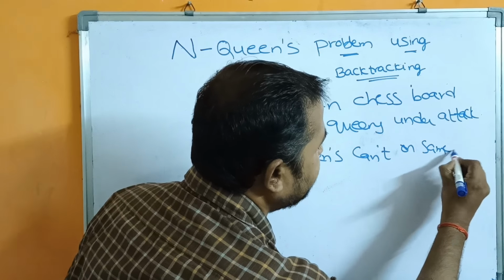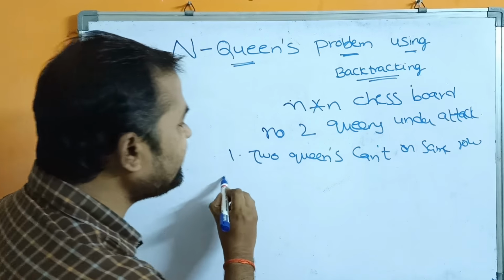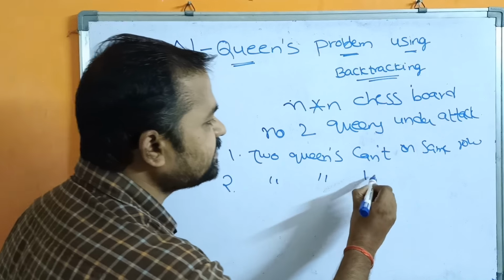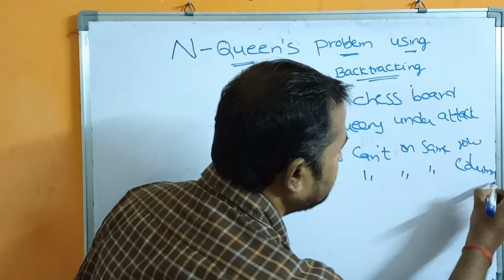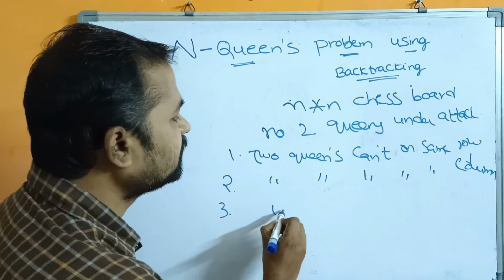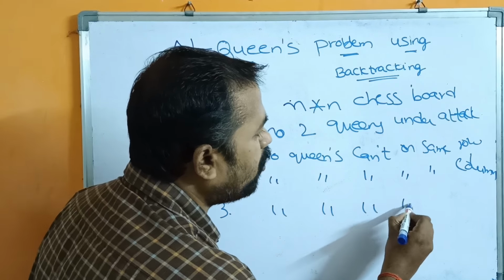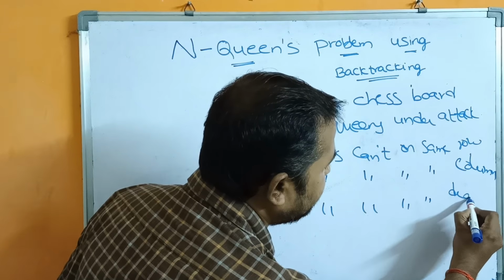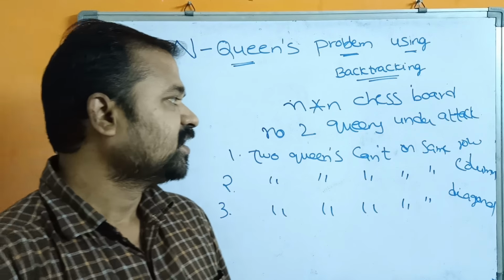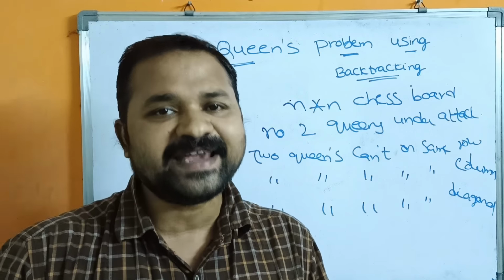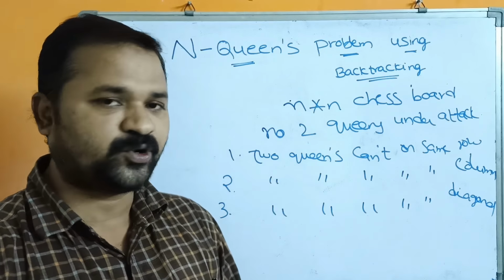The second condition is that two queens cannot be on the same column. The third condition is that two queens cannot be on the same diagonal. By following these three conditions, we have to place the n queens on the chessboard.